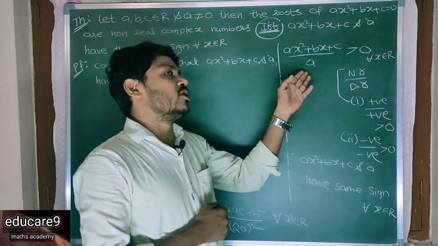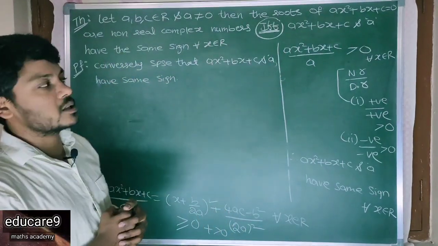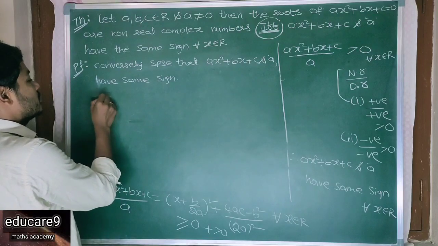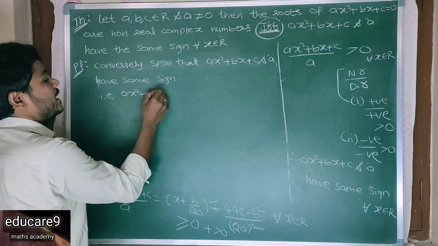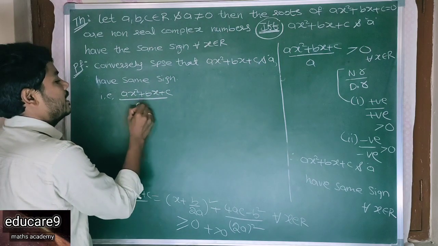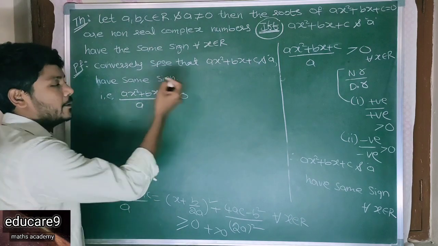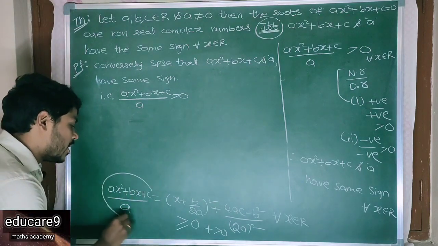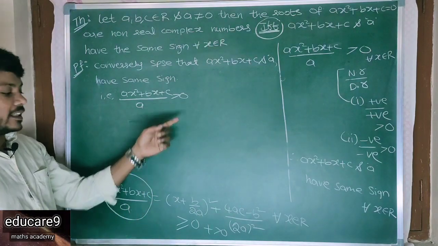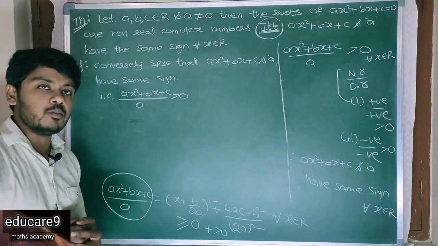In that situation, both are positive. So ax square plus bx plus c by a is positive. Here this value is positive, so clearly the RHS is also positive.